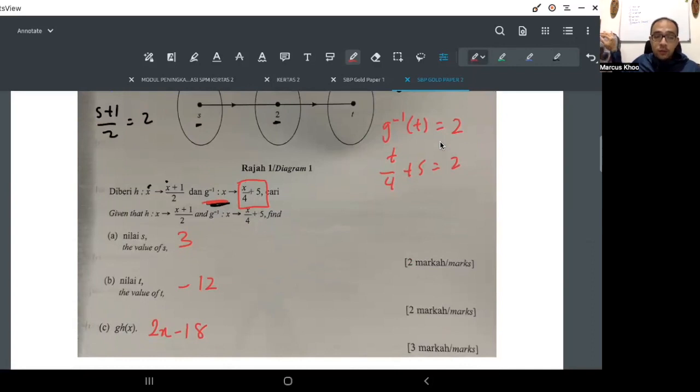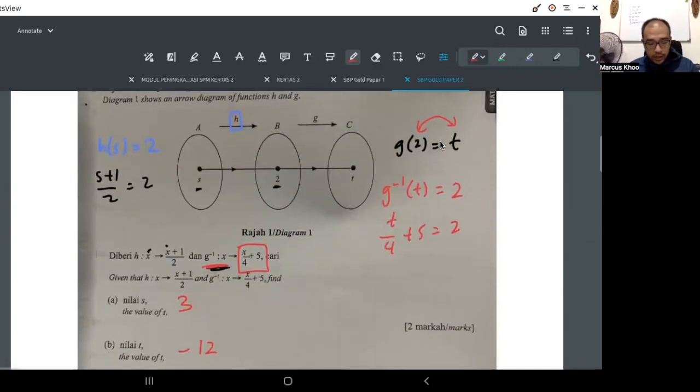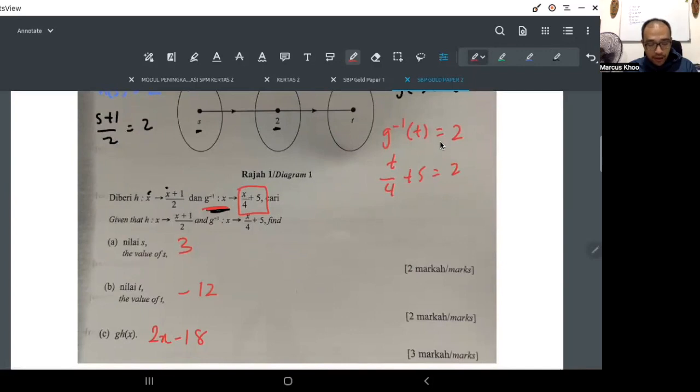Right? Then once you have this, GH(x), you will definitely have to inverse this. So you have inverse of x equals x over 4 plus 5.